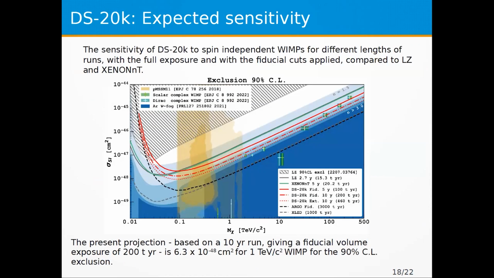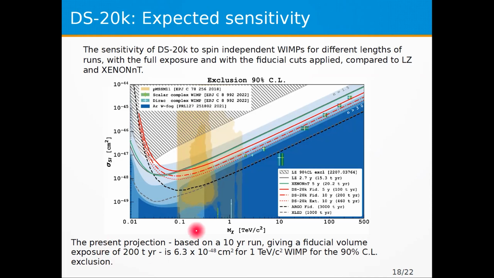So here I'm showing the sensitivity of DarkSide for a couple of scenarios. The fiducial mass, the red one, with 5 and 10 years of operation, together with currently working experiments, XENONnT and LZ.